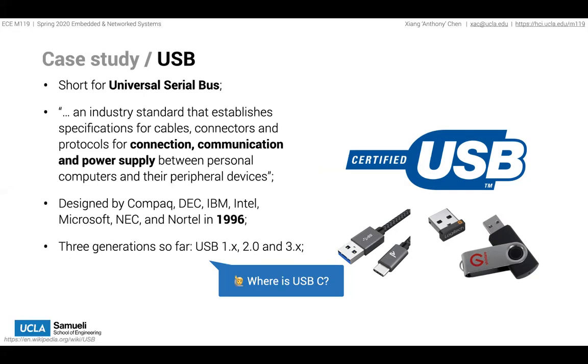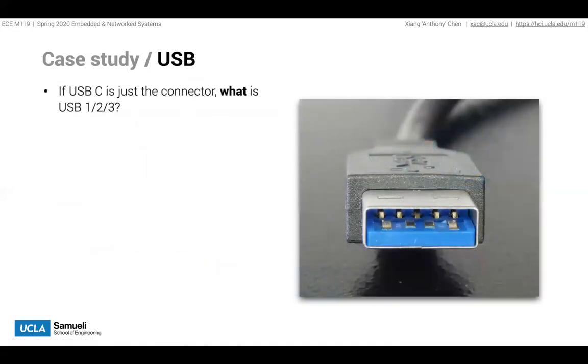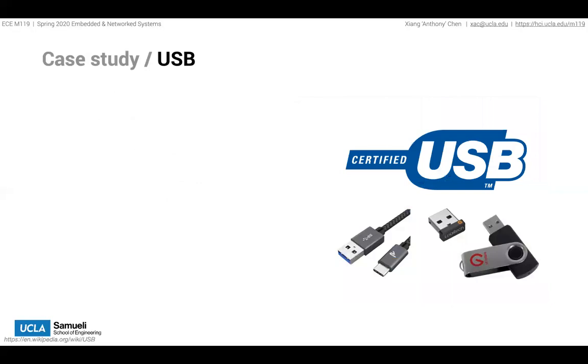Well, just to clarify, USB-C is not so much the protocol, but the type of adapter, or the physical design of the USB protocol. That means, as you can see, let's go back to this slide. In this case, I couldn't see what's inside here, but I'm gonna guess it's a USB 3 point something.